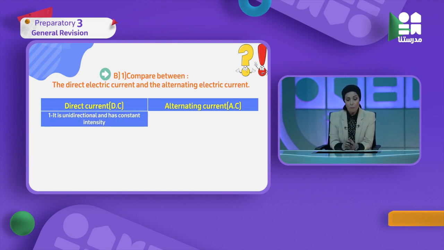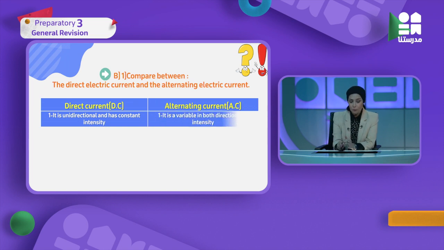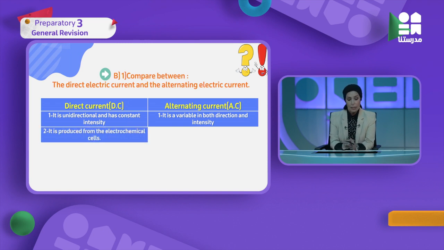Number one: direct current is unidirectional and has constant intensity. It has constant intensity and travels in one direction only. While the alternating current has a variable intensity and can travel in two opposite directions.